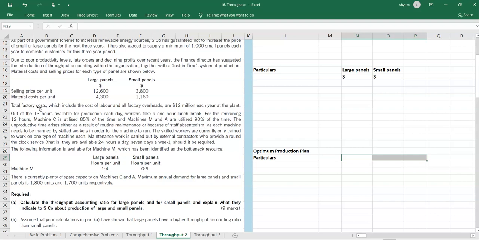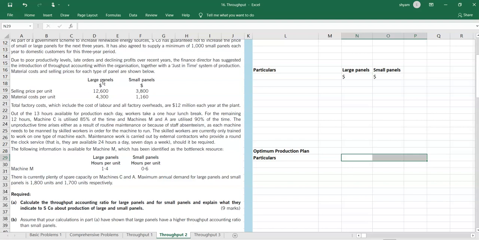Total factory cost, which includes the cost of labor and all factory overheads, is 12 million each year at the plant. So everything put together in a year, they are paying a total cost of 12 million. The question is straightforward. Now we come to our calculations. If you solve this part, you will get the throughput per unit.